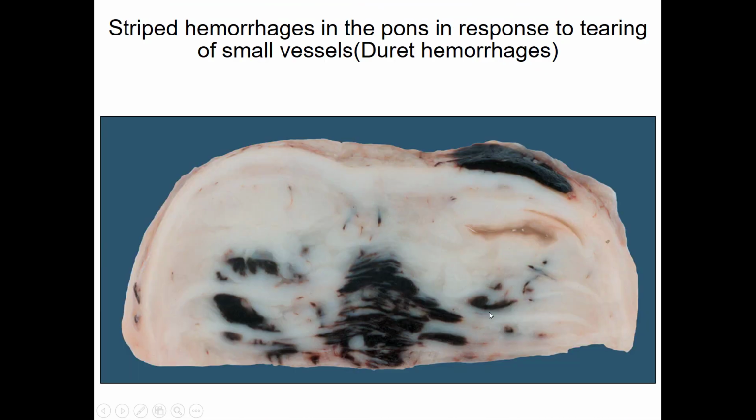As a secondary consequence of space occupying lesion, especially in the supratentorial compartment, there are the so-called secondary hemorrhages in the pons, which are called Duret hemorrhages.